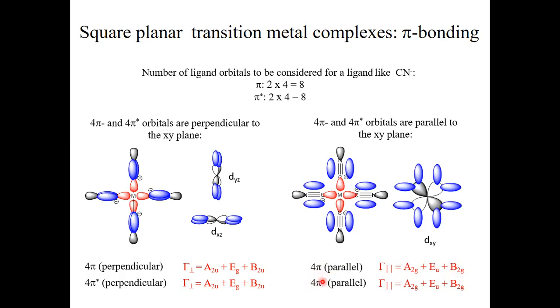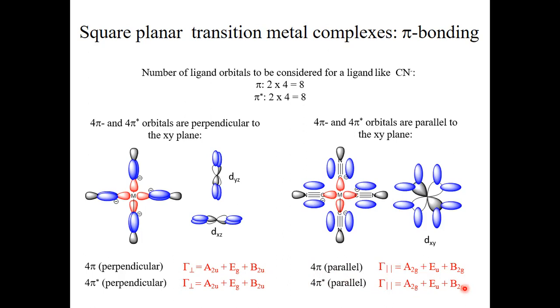The anti-bonding ones have the same symmetry. 1 has A2g symmetry, 2 have Eu symmetry, and the last one has B1g symmetry. Okay, so now we have determined symmetry types of all our ligand group orbitals that are relevant for pi bonding.